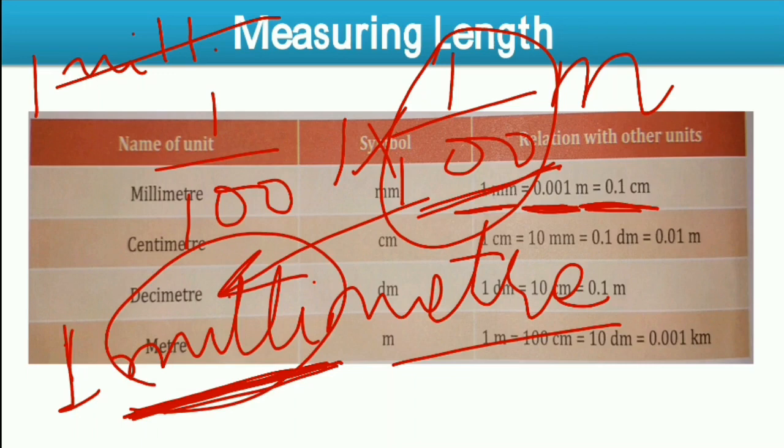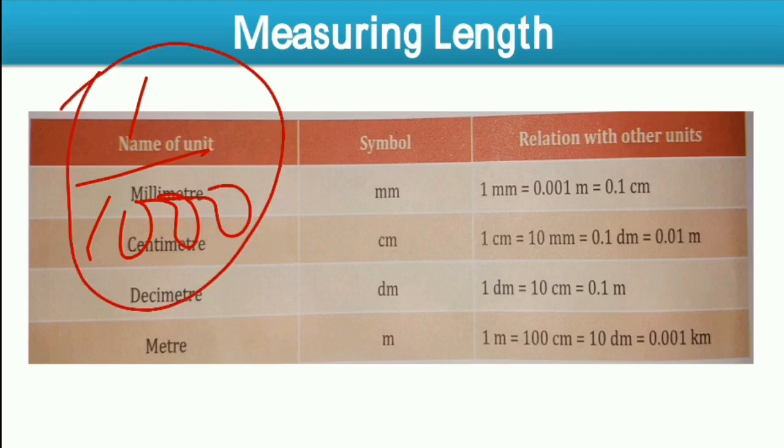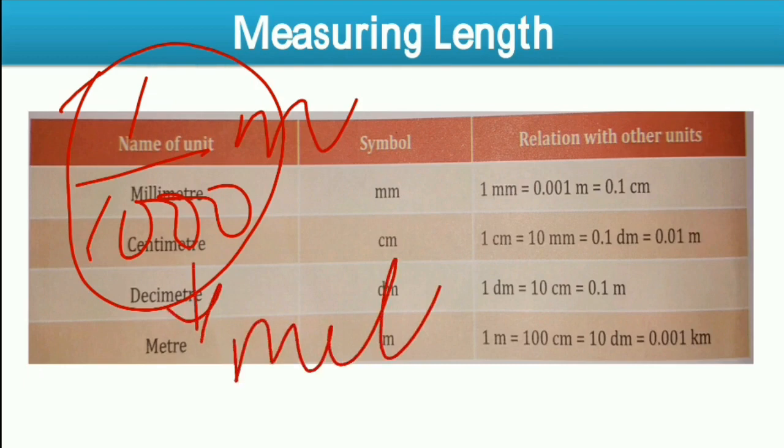Oh, sorry, I said 1 by 100, but it is the thousandths part. Sorry for that. For 1 by 1000, the milli prefix is used. For 1 by 100, the centi prefix is used. So if you have to write 1 by 1000 meters, we use the milli prefix.